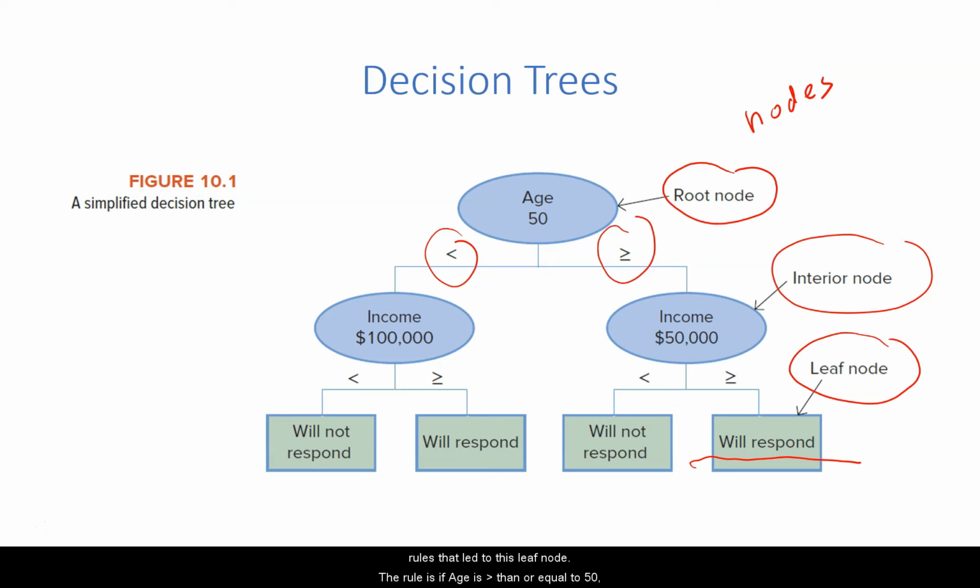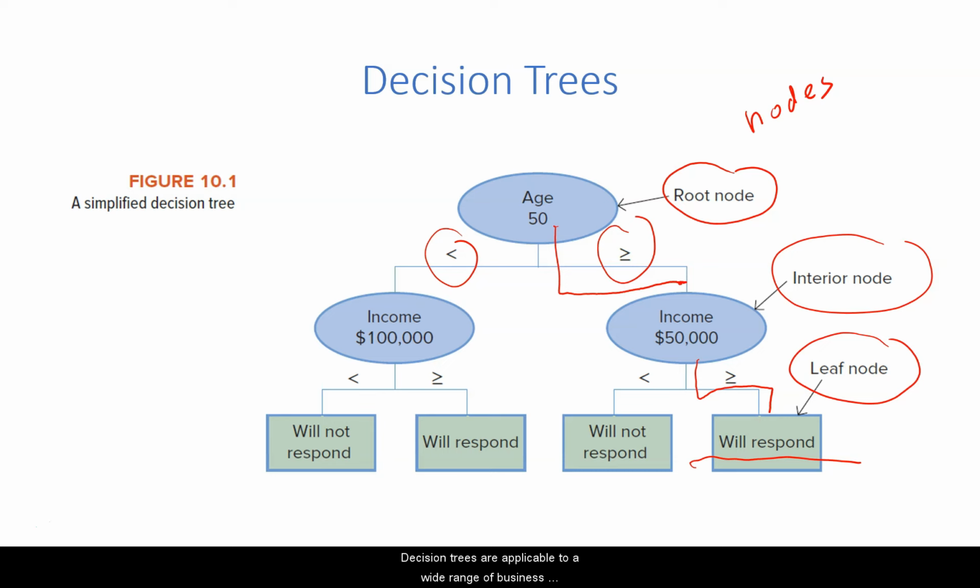The rule is, if age is greater than or equal to 50 and income is greater than or equal to 50,000, then the customer will respond to the offer. As you can see, a decision tree is easy to understand and implement. No wonder it is one of the most popular data mining techniques in business analytics.